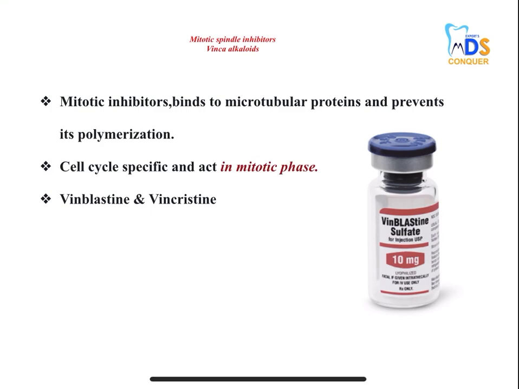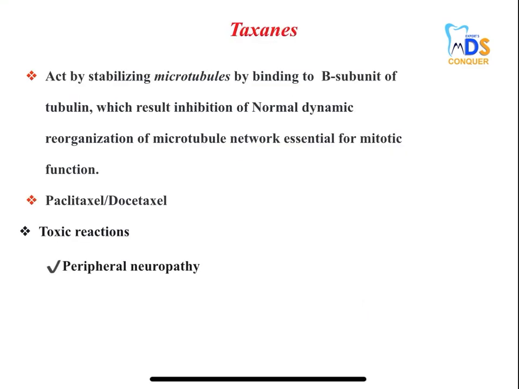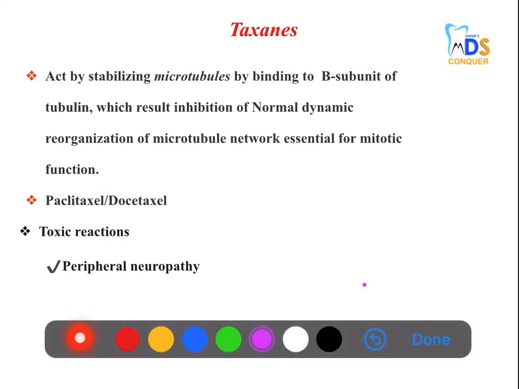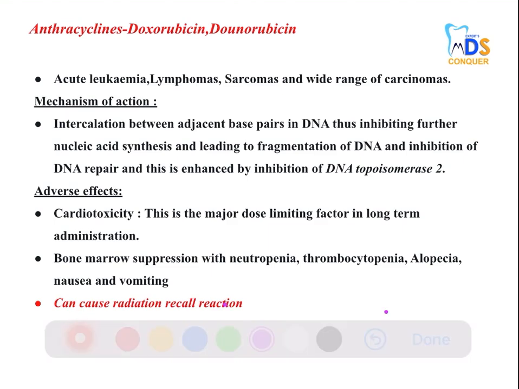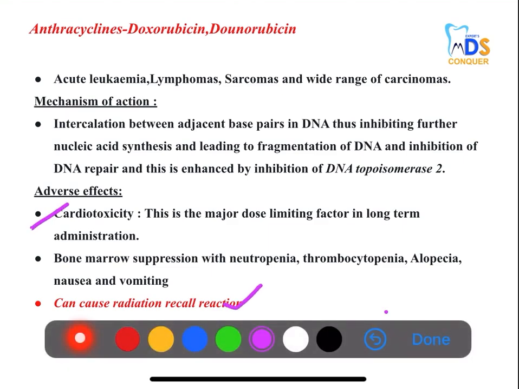Next, the vinca alkaloids. They act at the mitotic phase, and include vincristine and vinblastine, and taxanes, with very importantly peripheral neuropathy. The stocking and glove neuropathy, they can ask like that, so note it down. They also stabilize the microtubules. Paclitaxel and docetaxel, many times they have asked. Next, anti-tumor antibiotics. Very importantly, they can cause radiation recall reaction, and they are cardiotoxic.